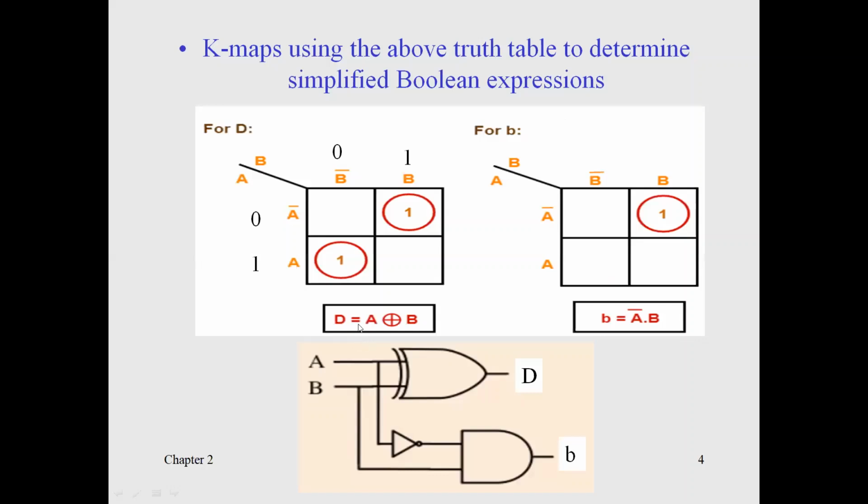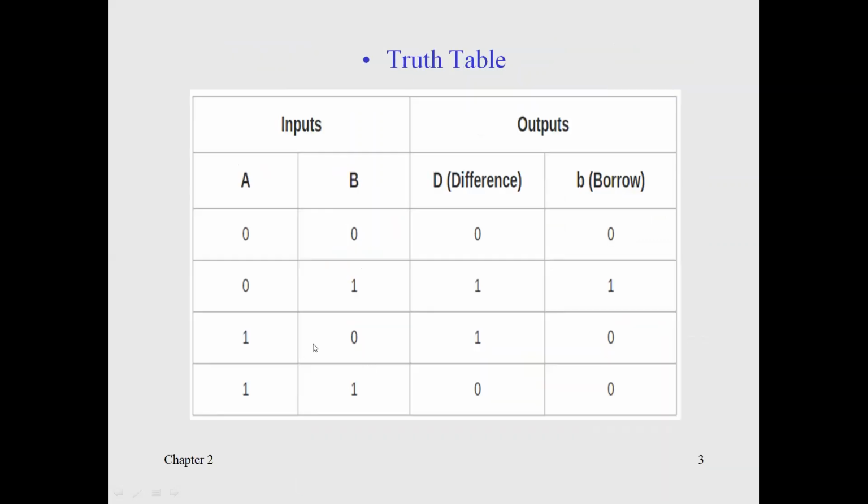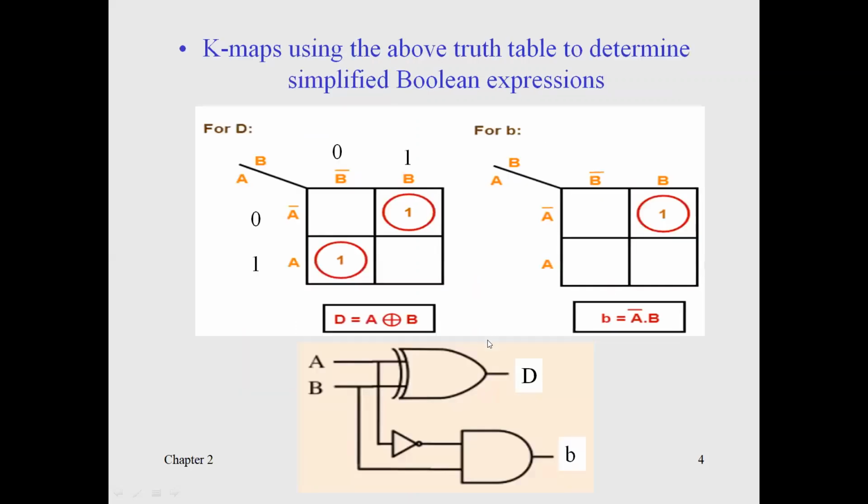So if we go for the K-map, that is a 2-variable K-map, where we put these 2 bits A and B. So this is a 0 place and this is a 1 place. Similarly, here this is 0 place, this is a 1 place. So 0, 1, that is the first decimal point. We have 1 over here, and 1, 0, that is 2, which we have seen over here. You can see here 1, 0 is 1 for difference. So we get here 1.